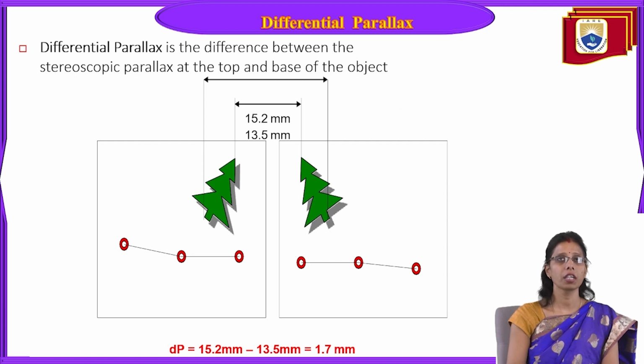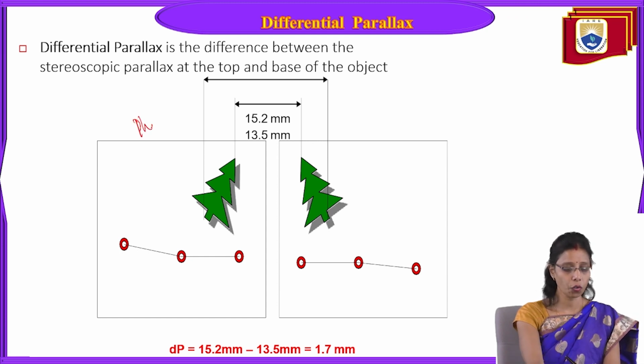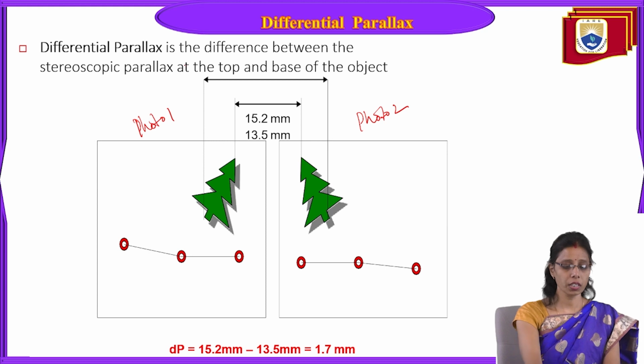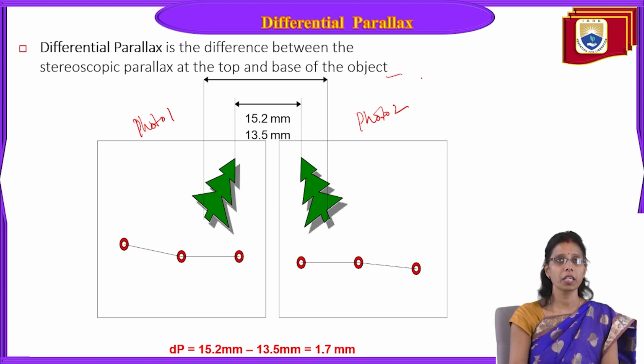Now, there is another term, which we call differential parallax. So what is differential parallax? Same here, we have photo number 1 and photo number 2. Differential parallax is the difference between the stereoscopic parallax at the top and the base of the object.